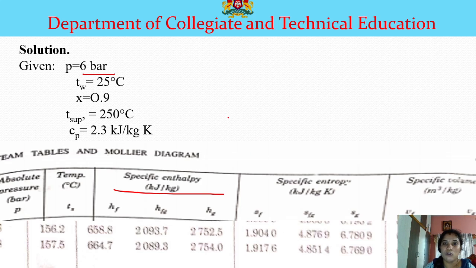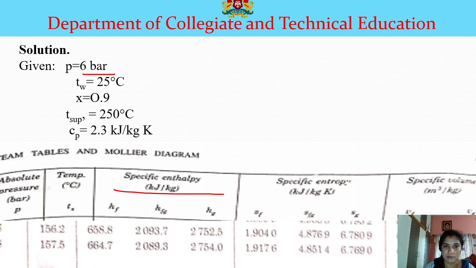So please open your steam table. In the pressure table, you see for pressure 6 bar, the values are 670.4, 2085.0, 2755.5. These are the values given in the table.